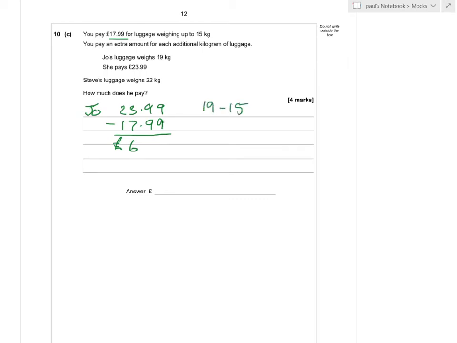Take away the 15 kilos that you get for the $17.99, which is 4 kilos extra. Now she paid £6, so £6 divided by 4 kilos, 6 divided by 4 is £1.50 per extra kilo.